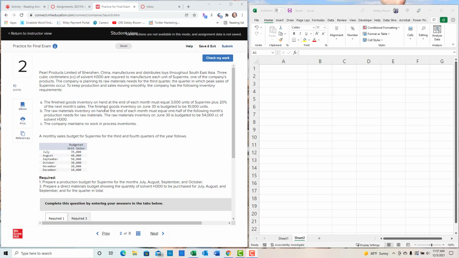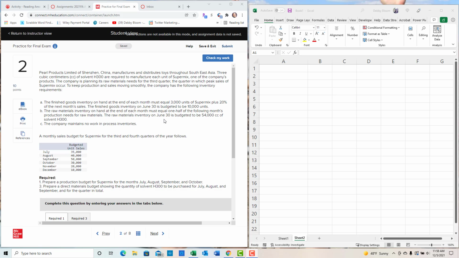A. Finished goods inventory on hand at the end of each month must equal 3,000 units of Super Mix plus 20% of next month's sales. The finished goods inventory on June 30th is budgeted to be 10,000 units. B. The raw materials inventory on hand at the end of each month must equal 1/2 of the following month's production needs for raw materials.